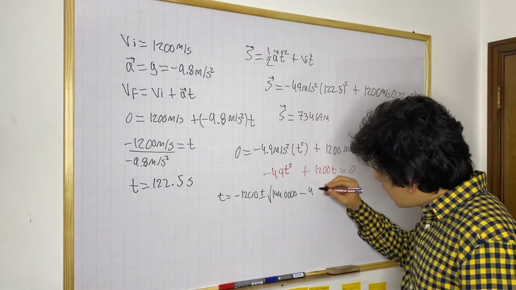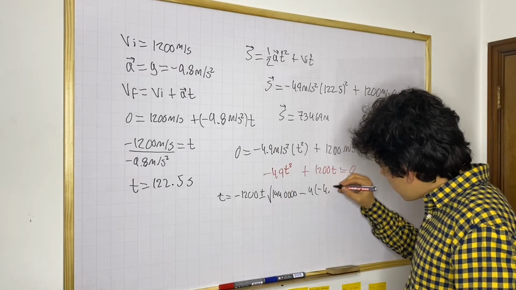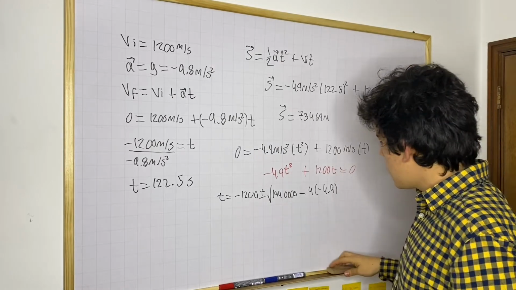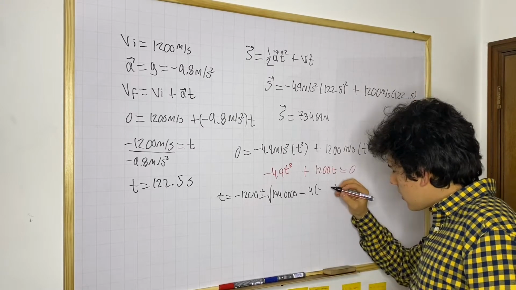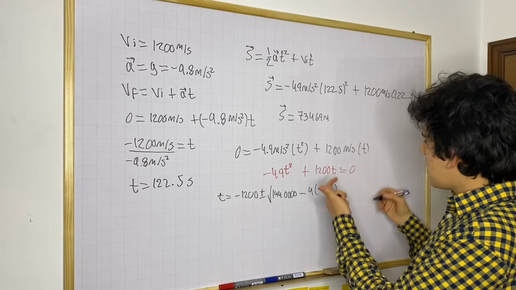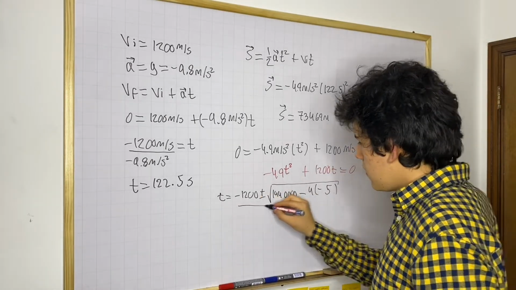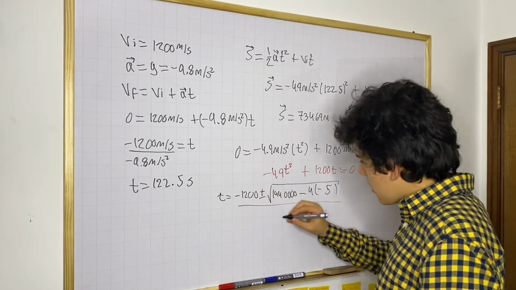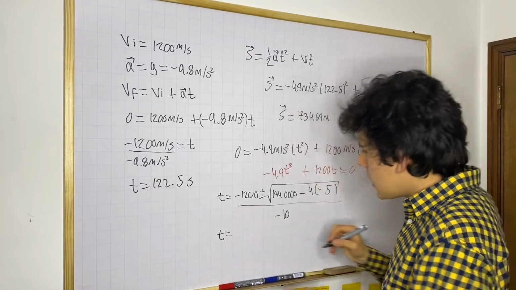So we would have 4 times a, which in this case is negative 4.9. I'm going to assume this is simply 5, so I can take the product as 20. Approximately 5 times c, but we have no c. Times 2a, we said it was 5, so we get negative 10. And now how much is time?